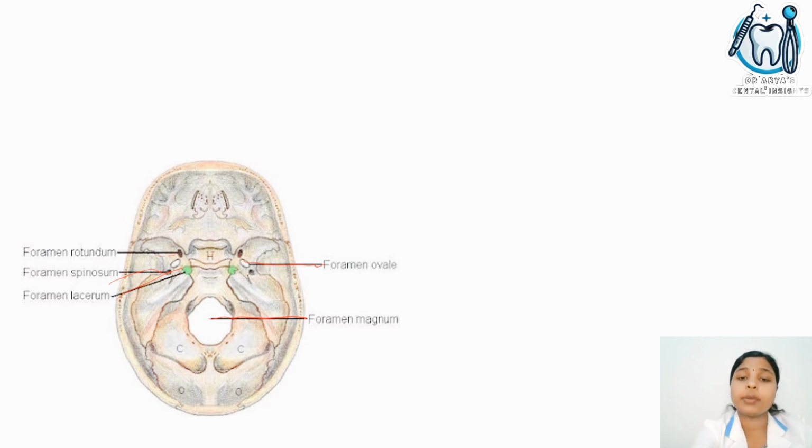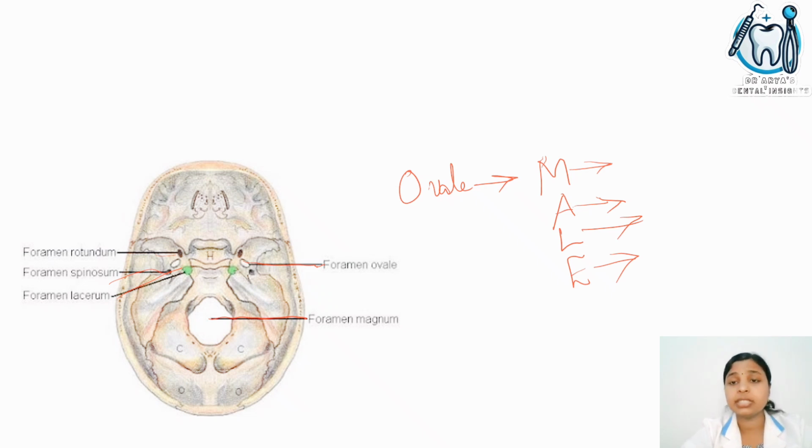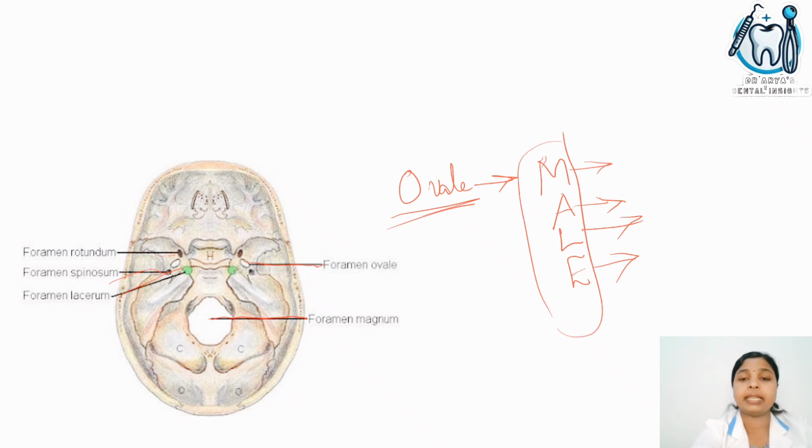For foramen ovale, there is a mnemonic: MALE. M is for the mandibular nerve, A for accessory meningeal artery, L for lesser petrosal nerve, and E for emissary vein connecting the cavernous sinus with the pterygoid plexus of veins. That is the ovale.